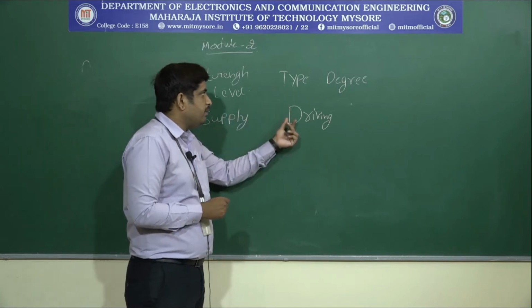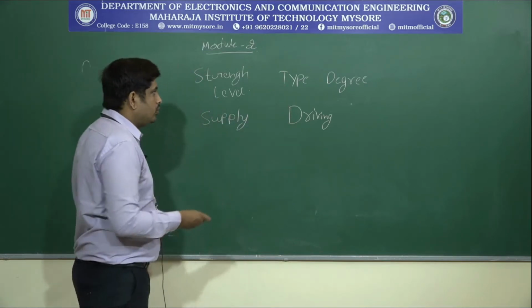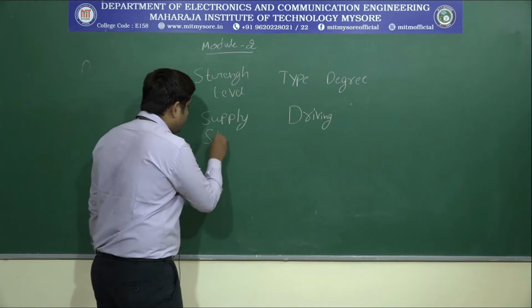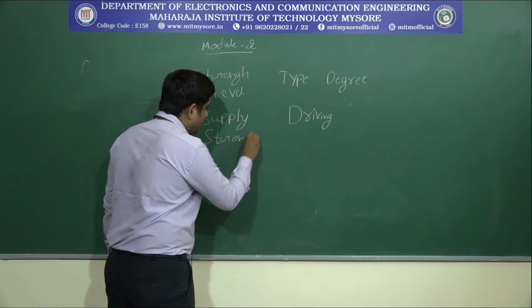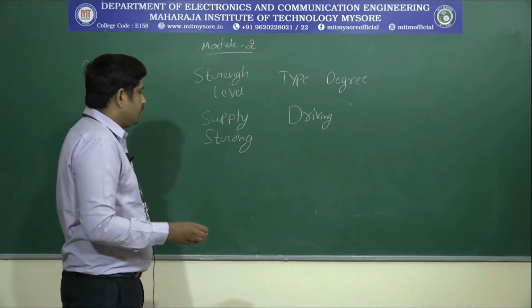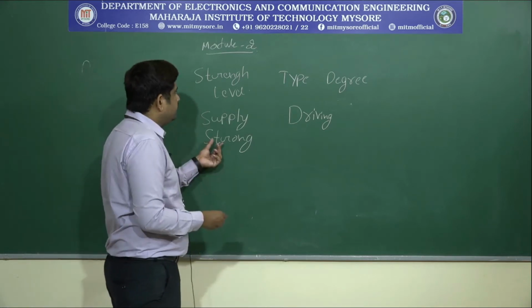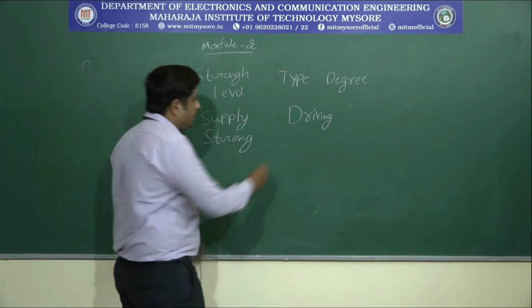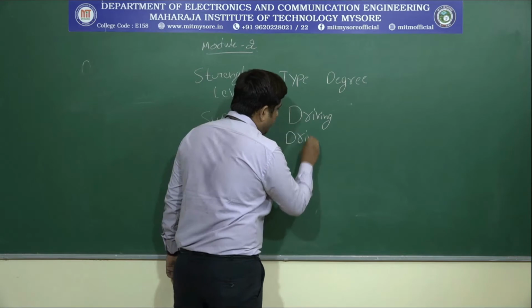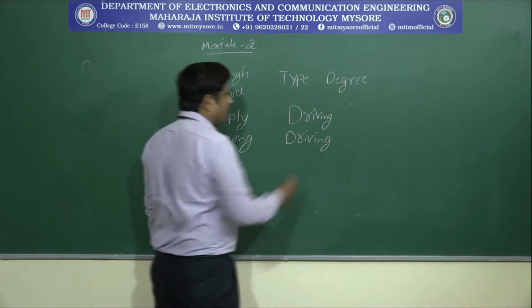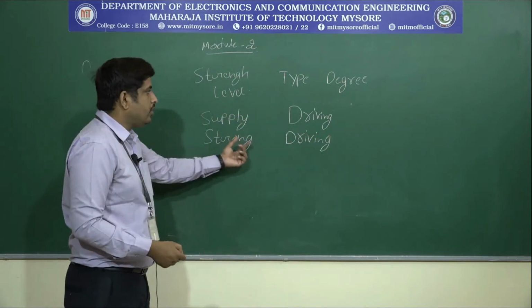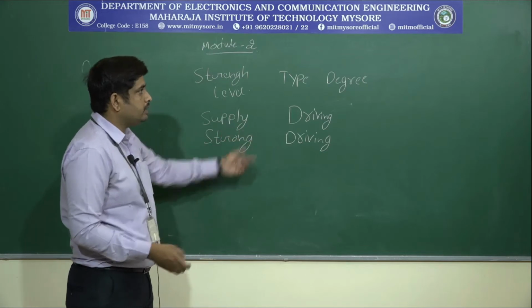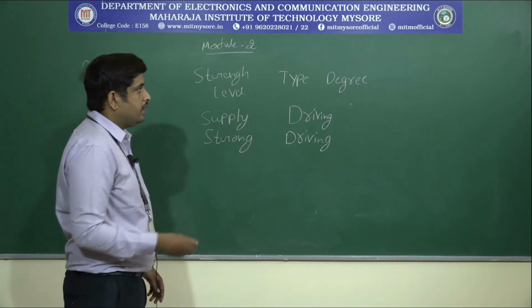That's why the type belongs to driving here. Next one, strong. Here strong is another strength level, and again it belongs to driving. Strong 0 or strong 1 again depends on the user.